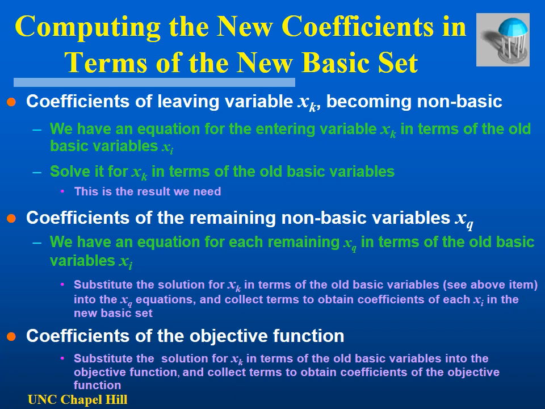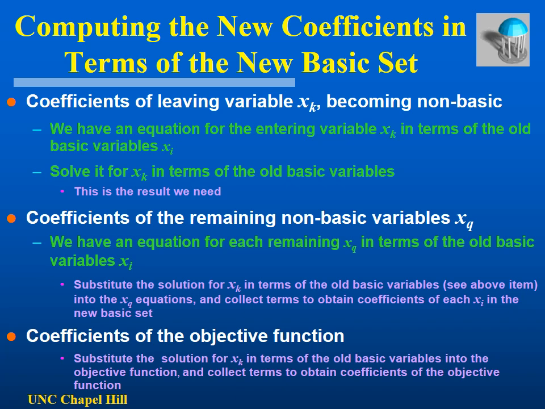Well, we have an equation for the variable x sub k in terms of the old basic variables, x sub i. We can solve that equation for x sub k in terms of the old basic variables. And that's all we need. That was what our objective was.